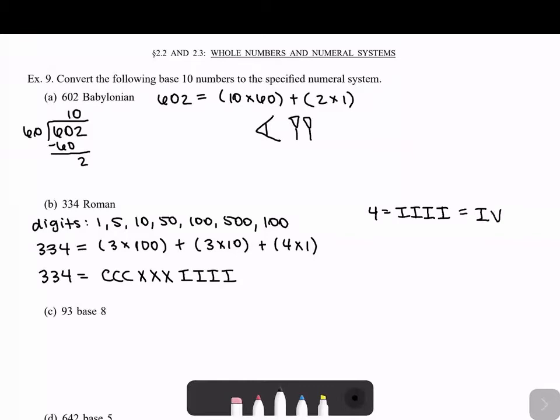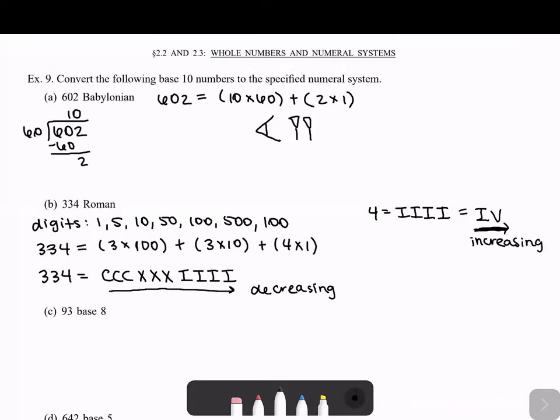The Roman numeral system is one where we add the things up, but we write it so that the values are decreasing, with the largest number value assigned to the numeral on the left. So C is 100, X is 10, and then I is 1. This is decreasing, and decreasing means that you add. However, when we have the 1 next to the 5, going this way is increasing, and in that case, we subtract.